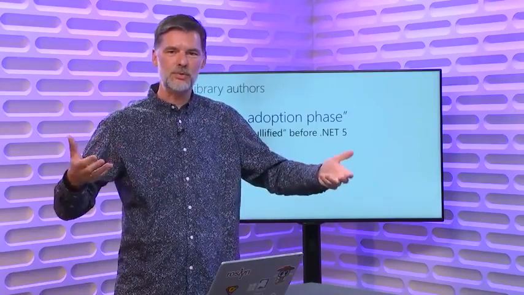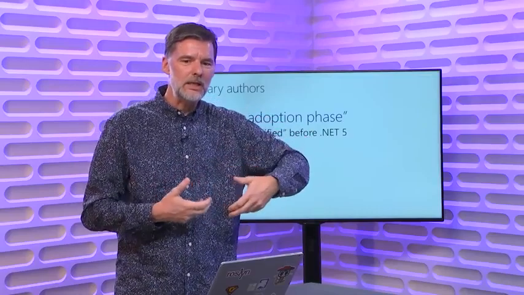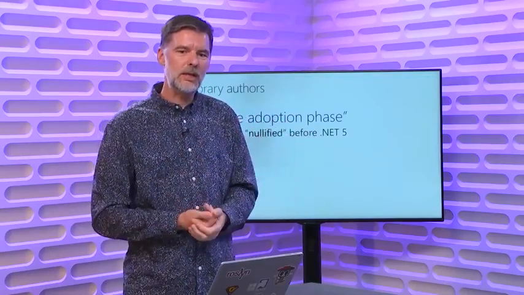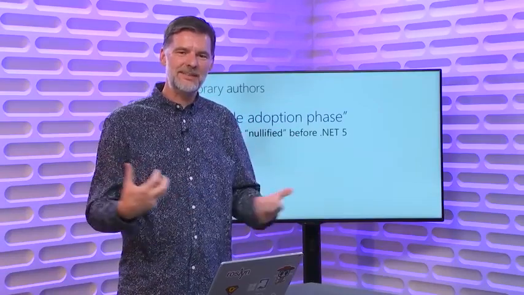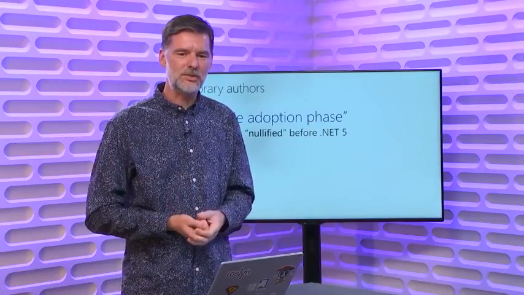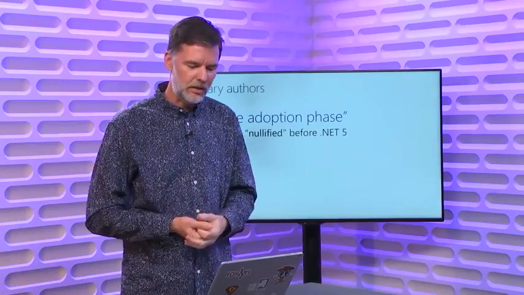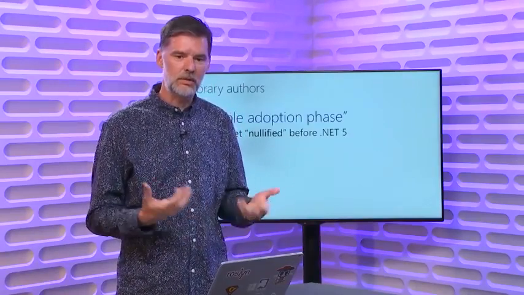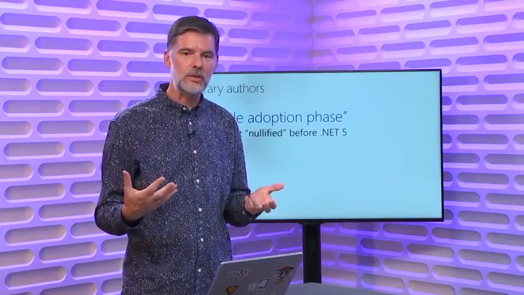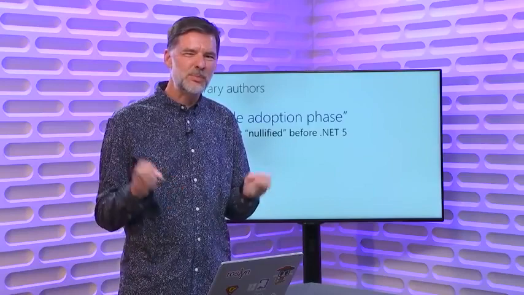We haven't adopted these for all our libraries because we also want to learn from the adoption phase and expand our knowledge, adjust here and there. And it's also a lot of work just to go and update the entire .NET BCL. So we've updated the core libraries with nullable annotations, but we actually consider them in preview a little bit.